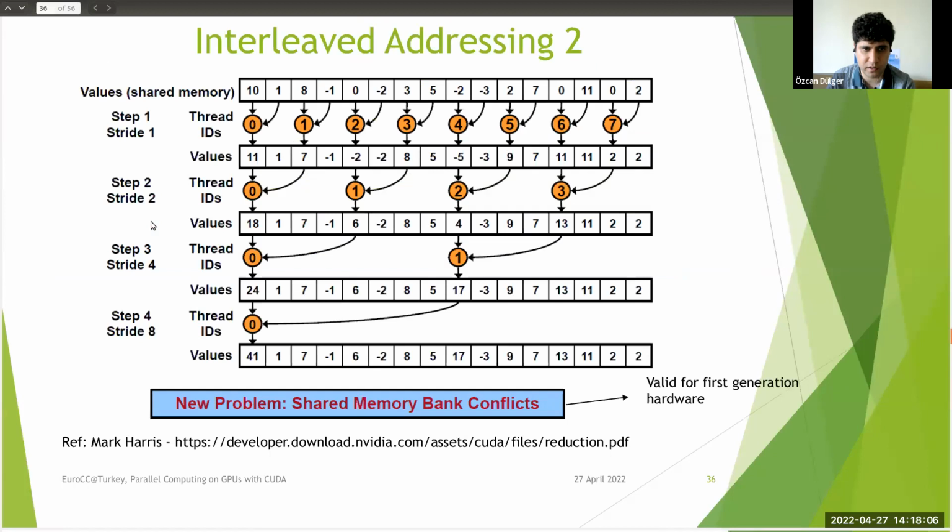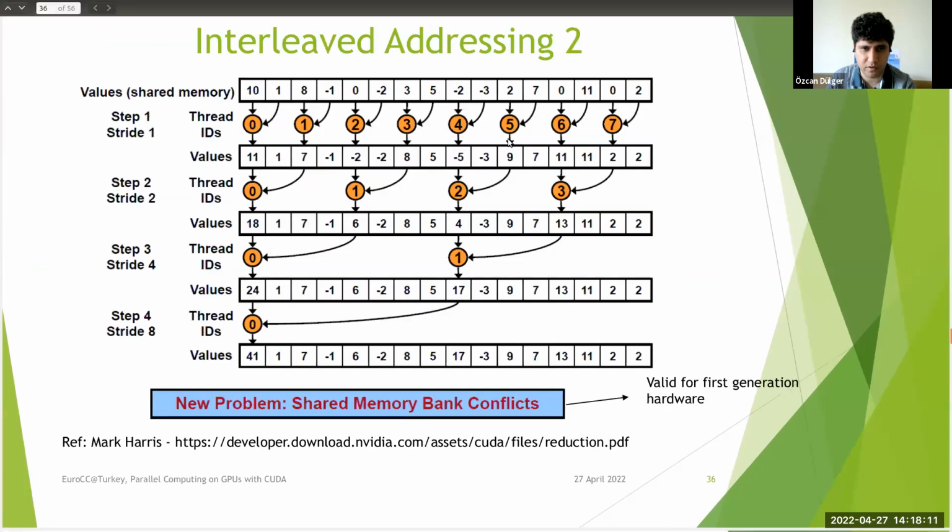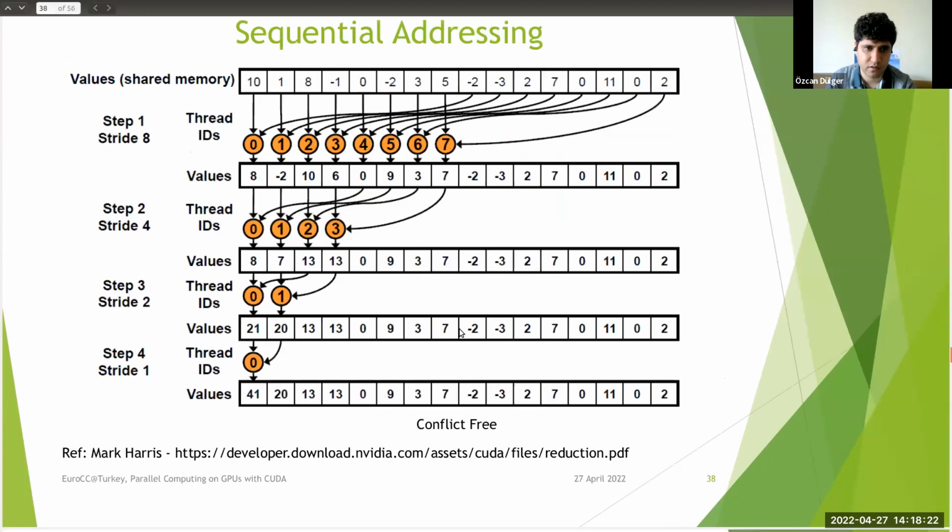In the second kernel, we eliminate warp divergence and the problem of modular arithmetic, and face shared memory bank conflicts, but valid for the first generation hardware. Here, in this third approach, it is eliminated by forcing the threads in the warp to access consecutive elements of the device memory, and so on.